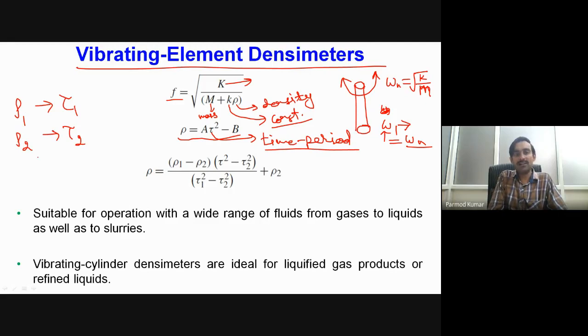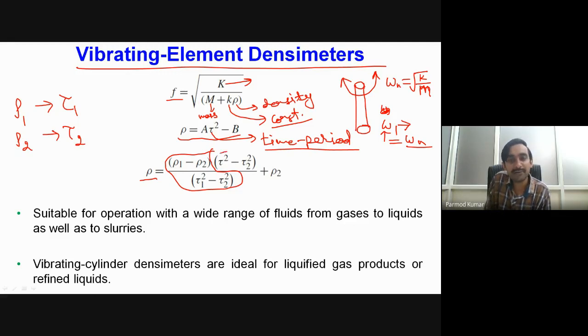Now all these properties are known, so we can determine the constants A and B. After substituting the values of A and B, the final equation of density is rho equals (rho 1 minus rho 2) divided by (tau 1 square minus tau 2 square) times (tau square minus tau 2 square) plus rho 2, where the entire coefficient is known, because for the known samples rho 1 and rho 2 we know the time periods of vibration tau 1 and tau 2.